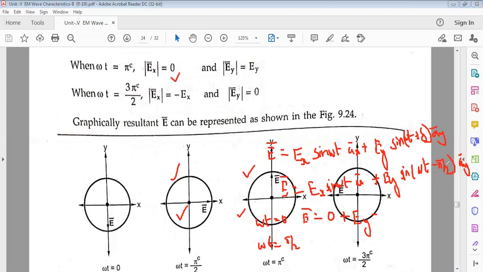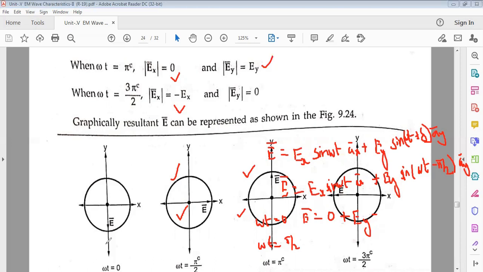And here pi minus pi by 2, that is 180 minus 90 degrees, is 90. Sine pi by 2 is 1, so we get the positive value. And omega t is equal to 3 pi by 2, it is a minus, so Ex is equal to minus Ex bar, and Ey is equal to 0.